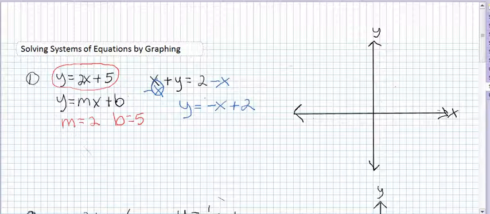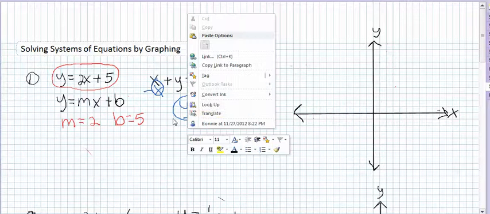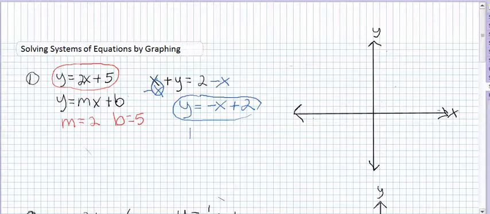Now is this equation right here in slope-intercept form? Yes, it is. So I have to identify my slope, which is -1. There's an invisible 1 in front of this variable, and I'm going to put it in there.